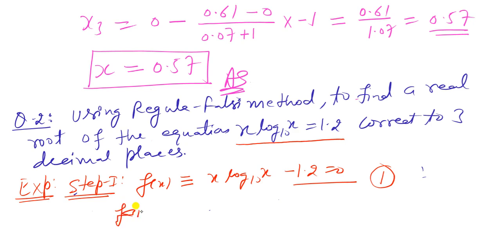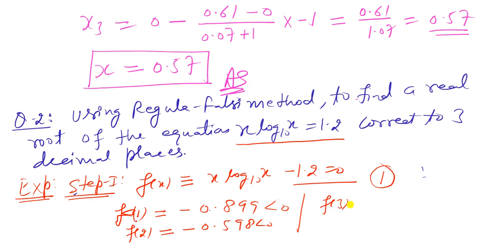So f of 1 is equal to minus 0.899, this is negative. Now put x is equal to 2, then f of 2 is equal to minus 0.598, this is negative, and put x is equal to 3 in equation 1, then f of 3 is 0.231, this is greater than 0.